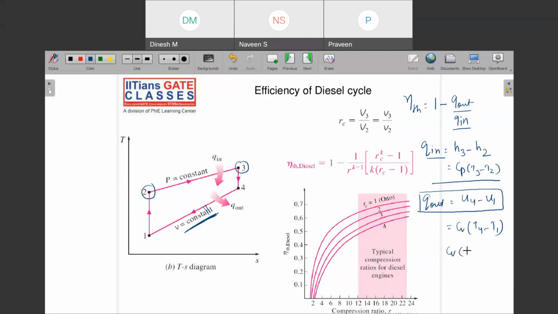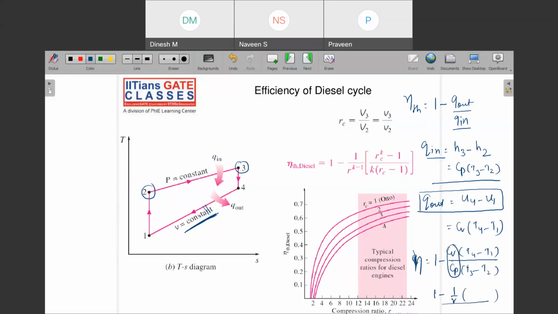So Cv (T4 minus T1) divided by Cp (T3 minus T2), and this is the efficiency. 1 minus, so Cp upon Cv was gamma. So this becomes 1 minus 1 upon gamma multiplied by some factor.